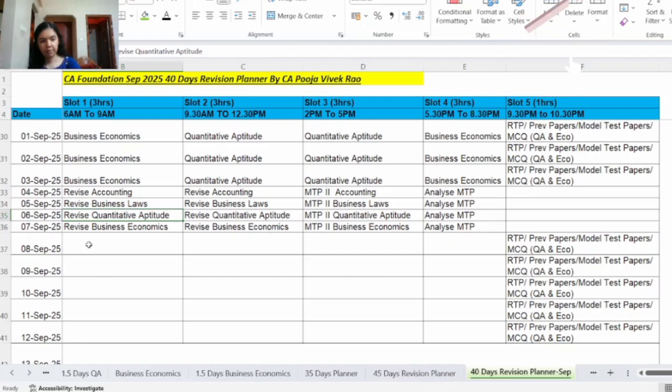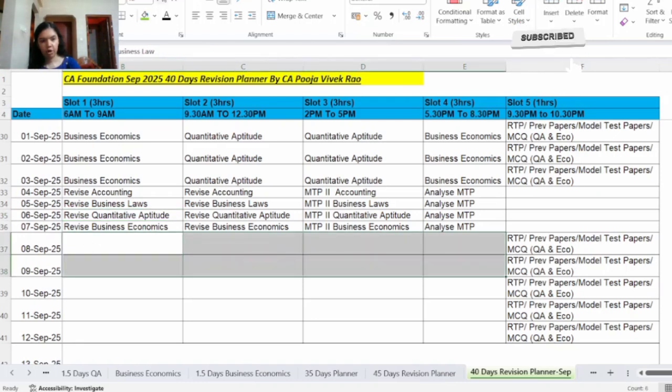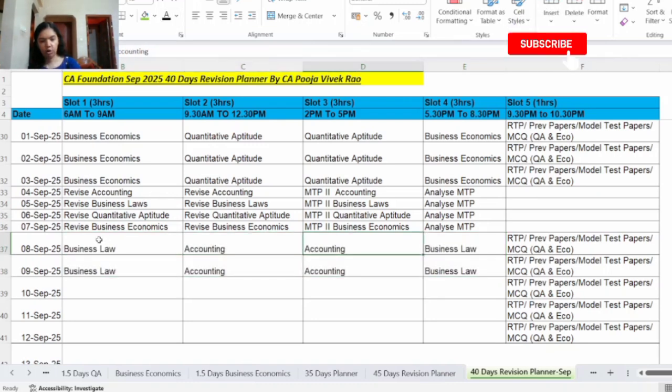Now from 8th September is the next part of the study plan. So on 8th and 9th September, here you will revise business law and accounting. In slot 1 and 4, you will revise business law, and in slot 2 and 3, you will revise accounting. So if any other chapters are left and whatever errors you have noted down, you will try to work on those in these remaining days.